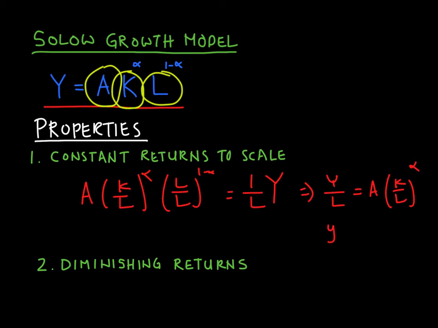And from now on, we're going to call this little y and little k. So the lowercase letters represent per worker or per capita output. All right, so that's a good thing about constant returns to scale.